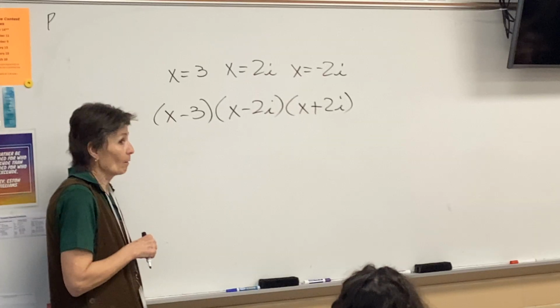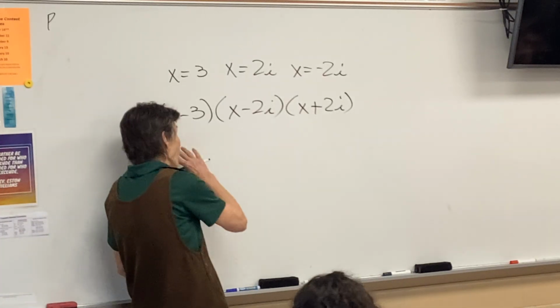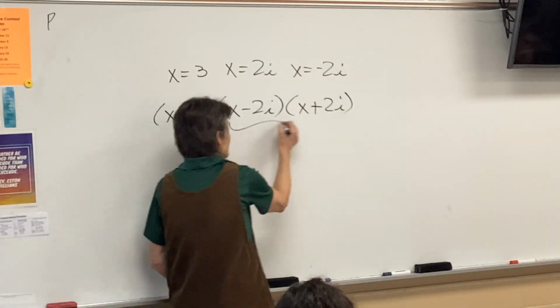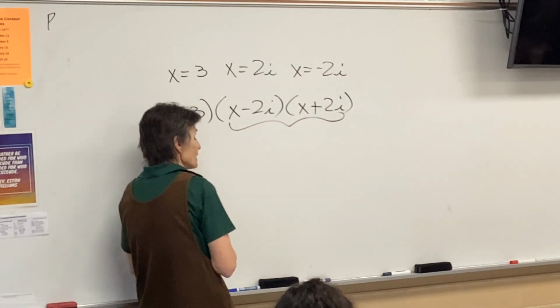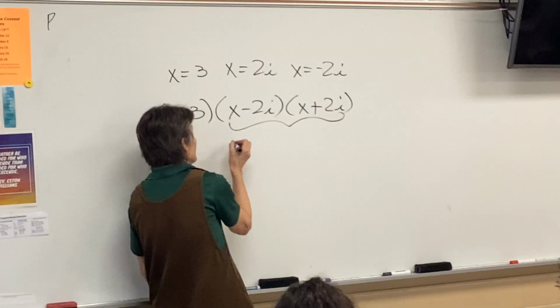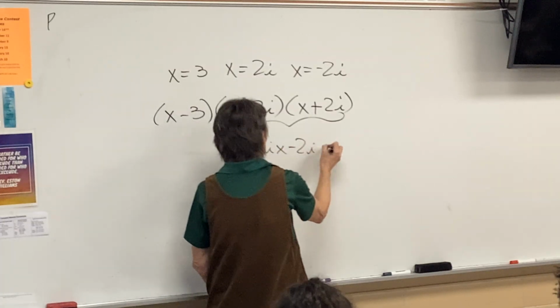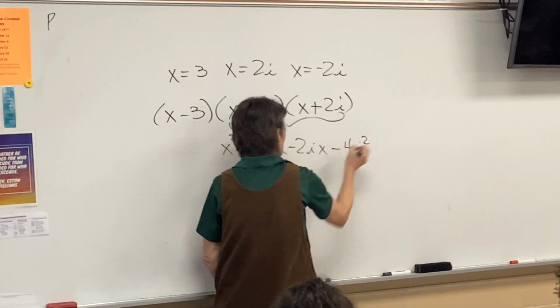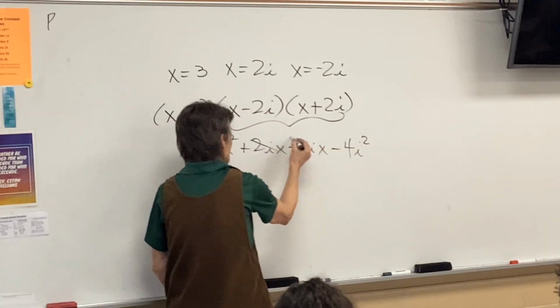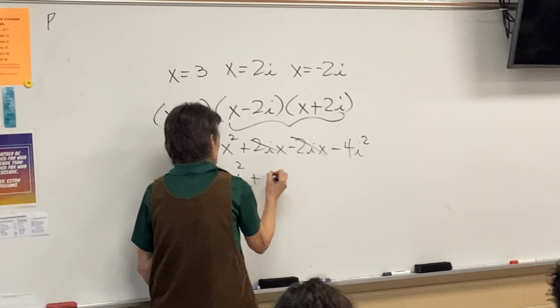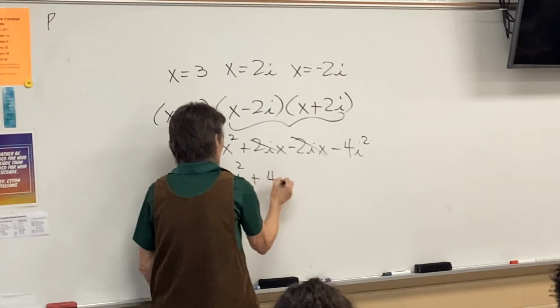Okay? Now I FOIL. All 3 of them have to be multiplied, but I always suggest you start with the i's because things are going to cancel out. So it's a regular FOIL. We all know how to FOIL. And those will cancel. What is i squared? Negative 1.